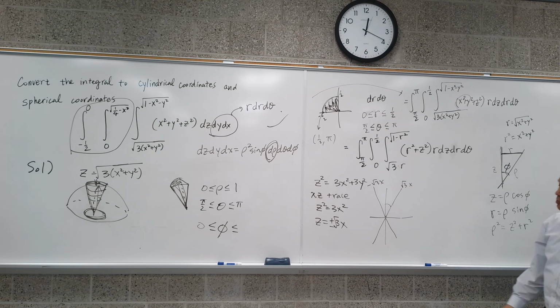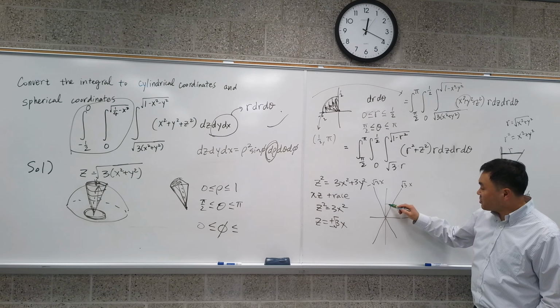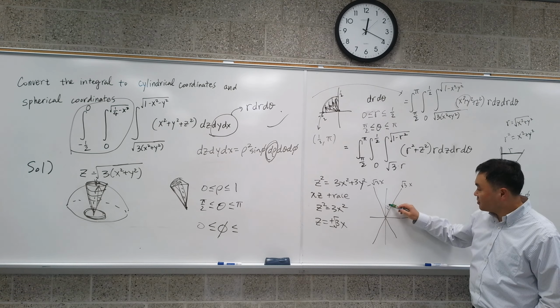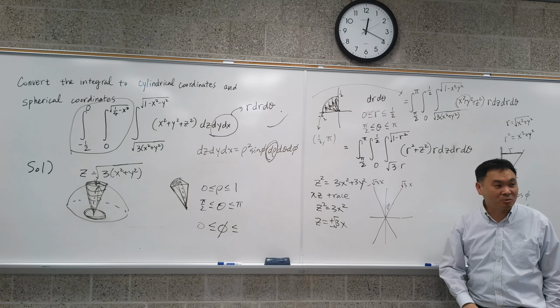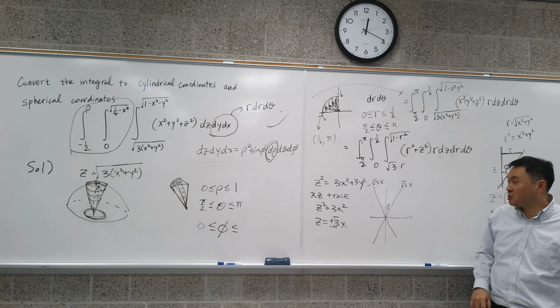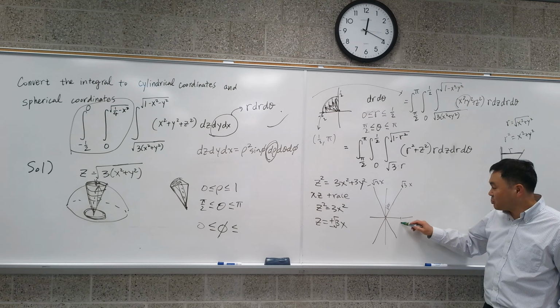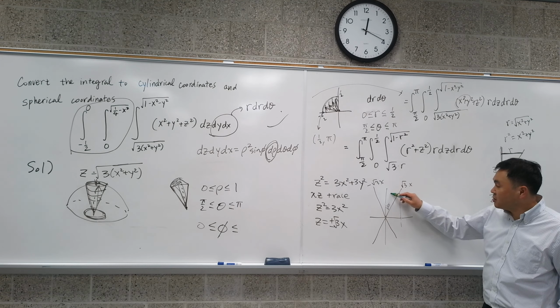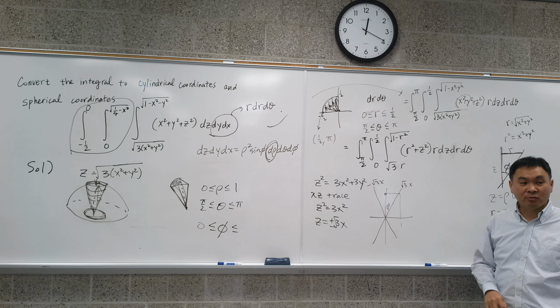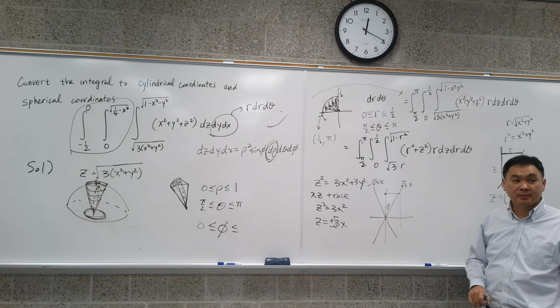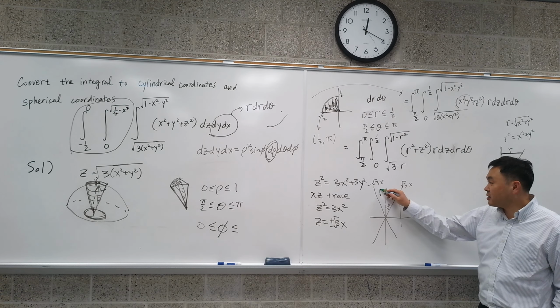And therefore, the goal is to figure out what this angle phi is. Okay, how do you do that? Well, here, unfortunately, we'll have to use some trigonometry, okay? So let's say we plug in 1 here. Then what is the y coordinate if we plug in 1? Square root of 3, okay?